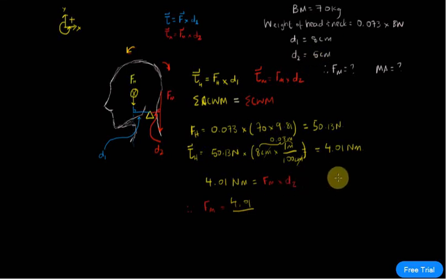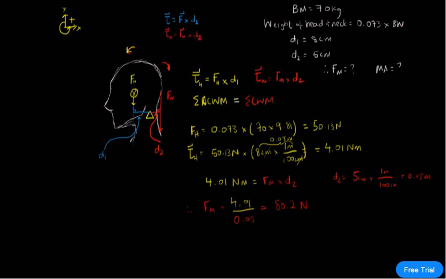Let me just solve that for you here. d2 is 5 centimeters multiplied by 1 meter per 100 centimeters. So again, 5 divided by 100 is 0.05 meters. If I divide 4.01 by 0.05 meters, I sit with 80.2 newtons.